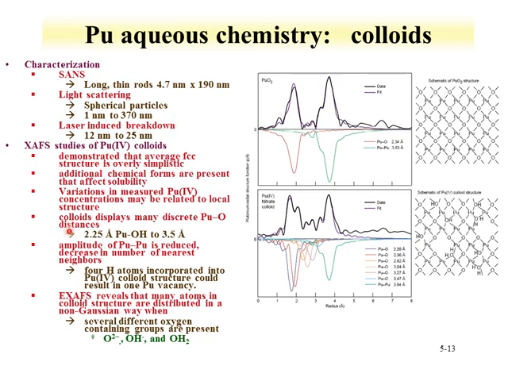Some plutonium XAFS data is shown here. They do demonstrate the average face-centered cubic structure, being somewhat overly simplistic but reasonable. What can be seen here is data for plutonium dioxide. This is what the structure would look like, nice and organized and patterned. We see this from the XAFS data. And then if we look at the plutonium colloid structure, we see that there are a number of peaks between the plutonium-oxygen and plutonium-plutonium bond distances measured by XAFS.